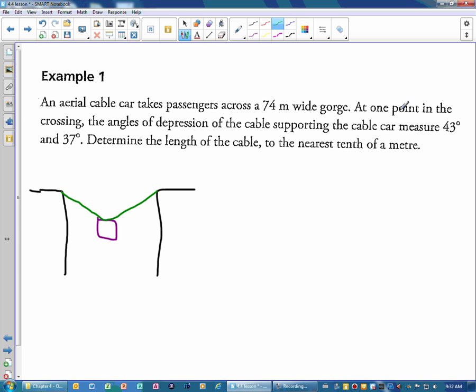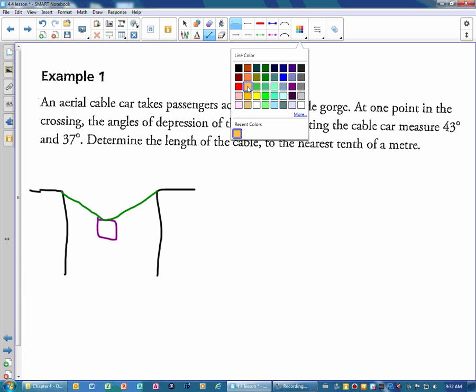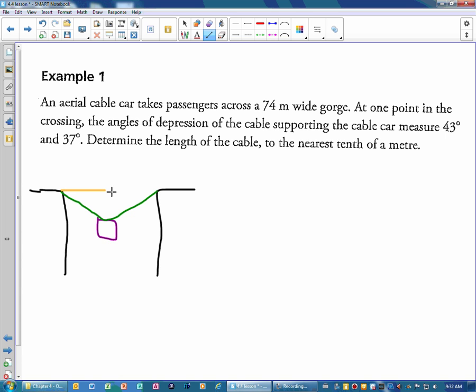Now it says at one point in the crossing, the angles of depression of the cable supporting the cable car measure 43 and 37. So imagine a straight line across the gorge right there. Angle of depression is always from the horizontal down. So when it says that it's creating angles of depression, it's not here, it's here, with the horizontal going down.